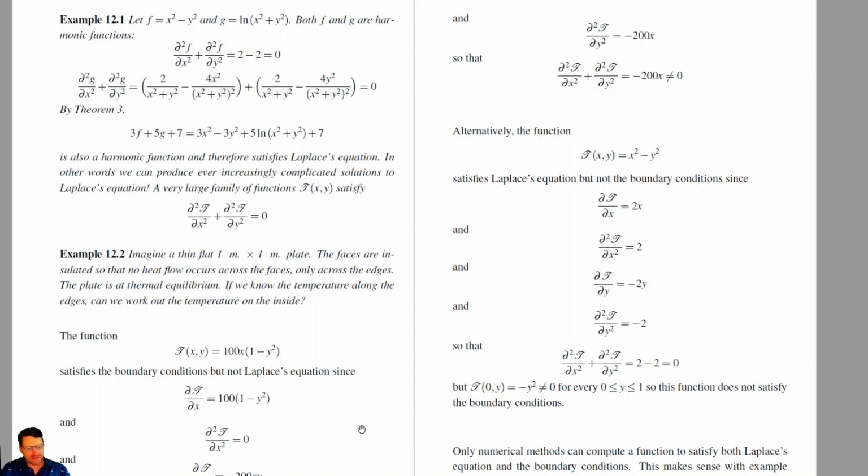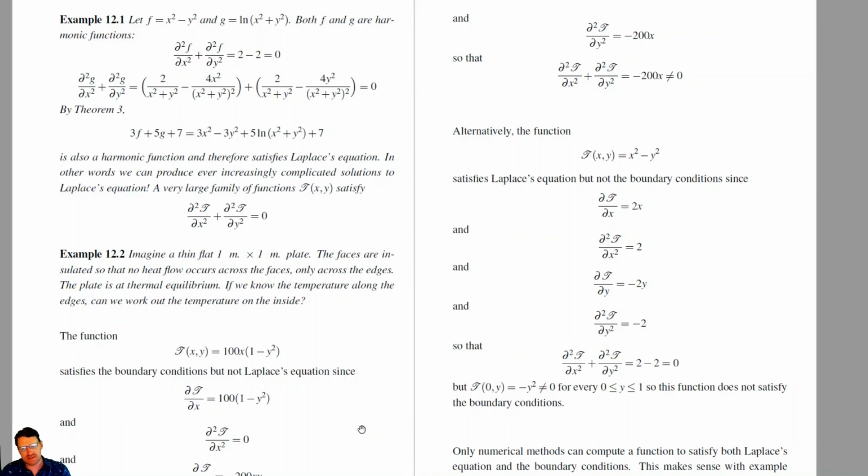Then you differentiate again with respect to y and you get minus 200x. So the Laplacian of T is minus 200x, which is non-zero. Alright, so it's easy to find a solution that satisfies, say, the boundary conditions but not Laplace's equation, and one that satisfies Laplace's equation but not the boundary conditions.